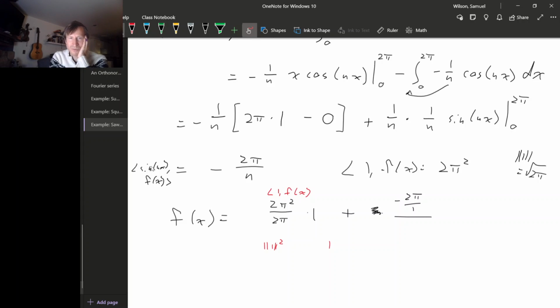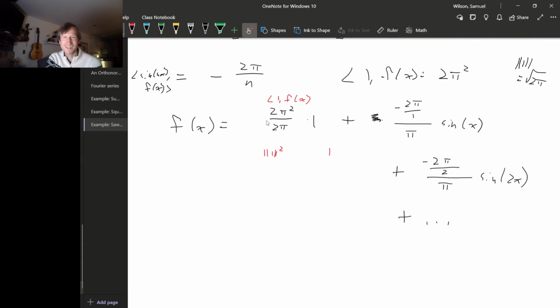They all have norm square root pi, so the square of that is pi, times, oh, I missed an n, right, n is 1, times sine of nx, so sine of x, plus, and then the same thing for all the other terms: minus 2 pi over, the next n is 2, over the square of the norm, which is pi, times sine of 2x, and so on.